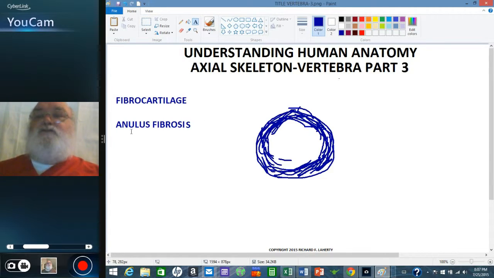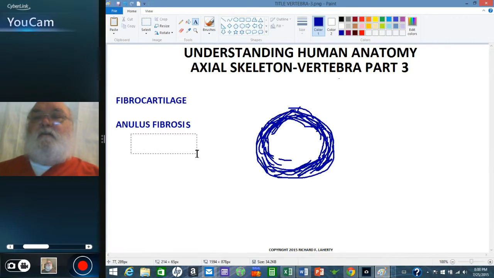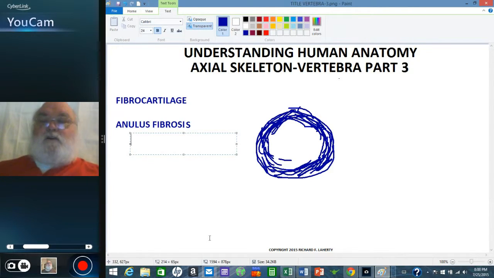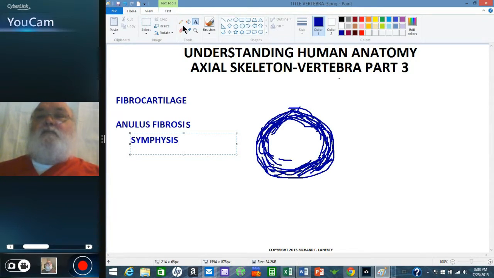Now, when we have a joint made up of fibrocartilage, we call that a symphysis. So the annulus fibrosus forms a symphysis type joint between the bodies of adjacent vertebra.